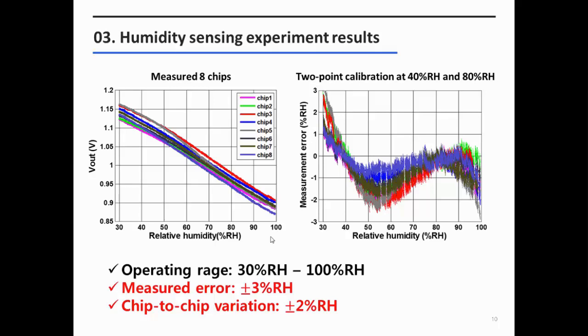The left figure shows that the output voltage decreases as the relative humidity increases, due to the increase of current flowing through the surface resistor. And the right figure shows the measurement error of the fabricated chip. The chip-to-chip error was measured to be less than plus or minus 2% RH.